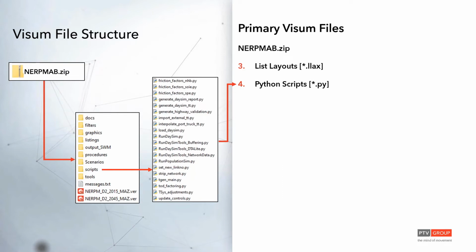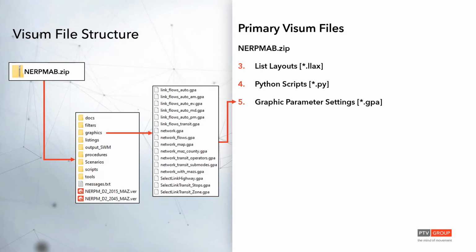You can open these using a text editor, or if you have a Python IDE, you can use that to open them. Later, when we go through the Visum interface, we'll talk more about how you can use Python to access Visum objects and do calculations on the fly. But these are another set of files that you would come across when you're using NERPMAB.